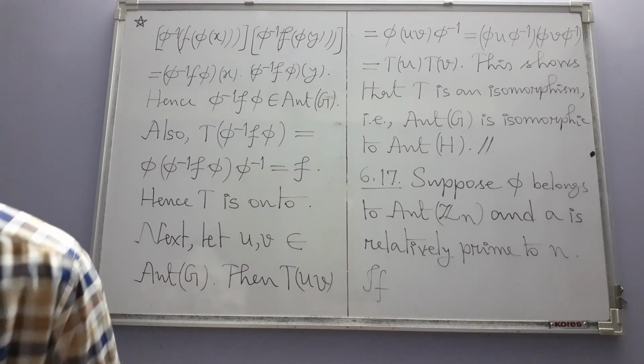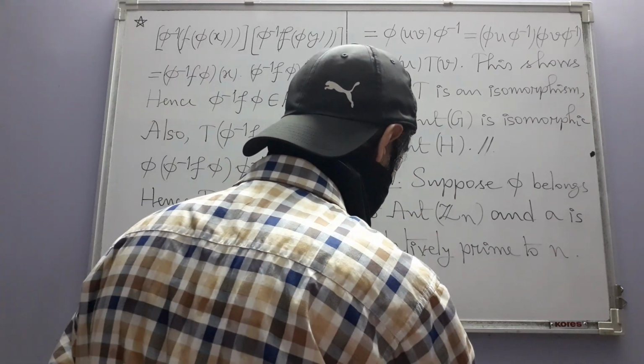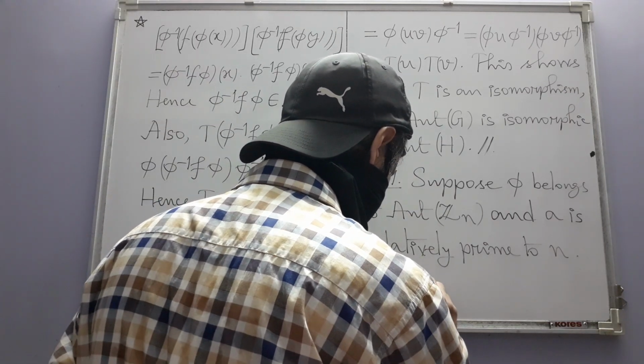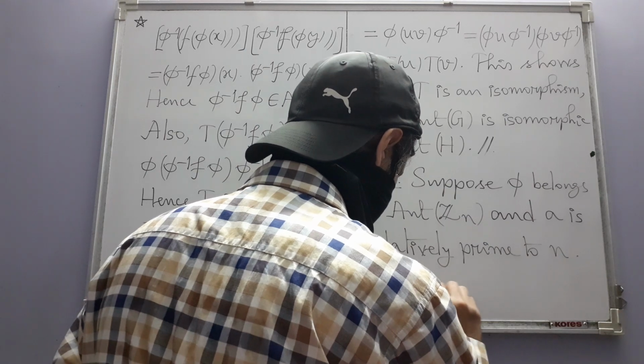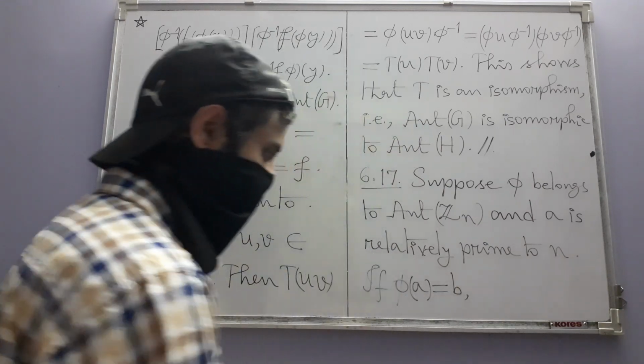So what is phi of x if phi of A is equal to B?